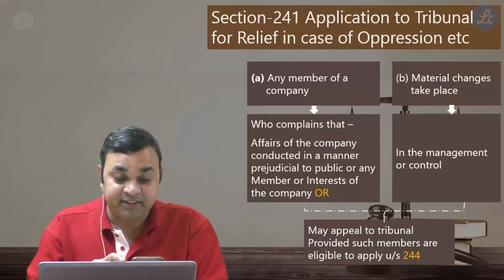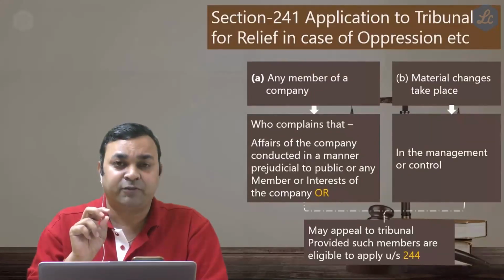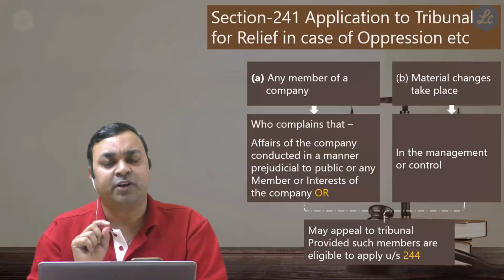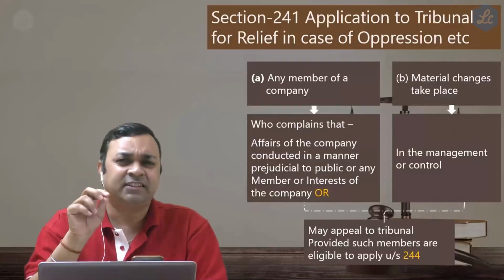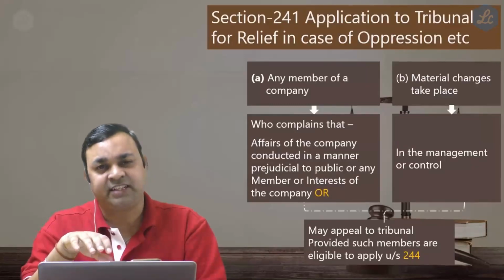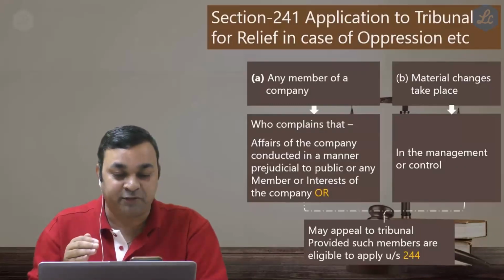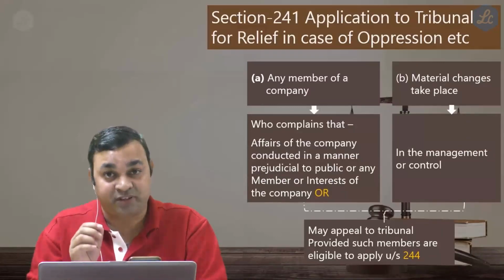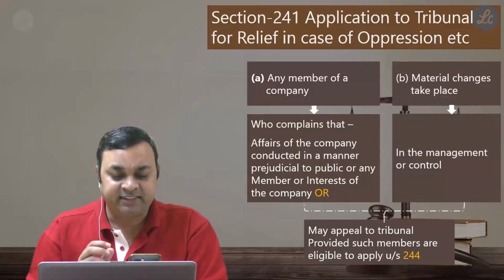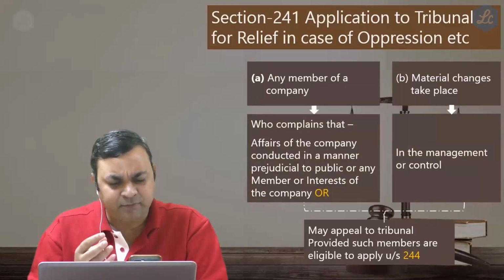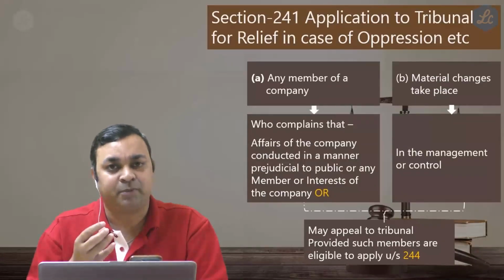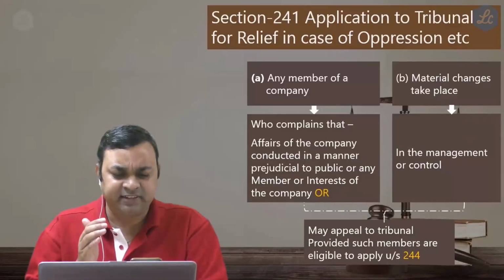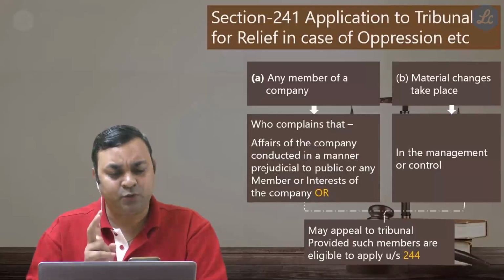And for claiming this relief, only such number of members can apply as are specified under Section 244. If you ask which is the most important section, either 241 or 244, I will go for 244. Section 244 is the most important because it prescribes the number of members who can apply to claim relief before the tribunal in case of oppression. So this is our first slide, which talks about two parts.